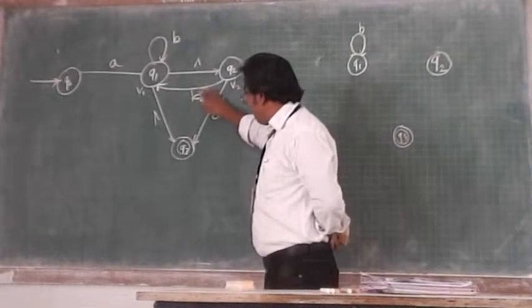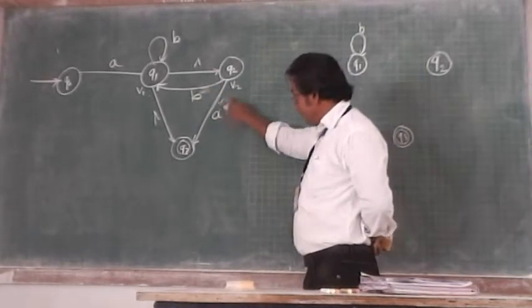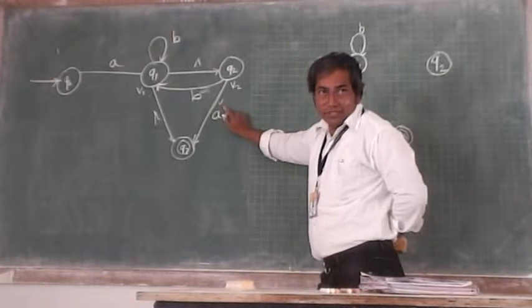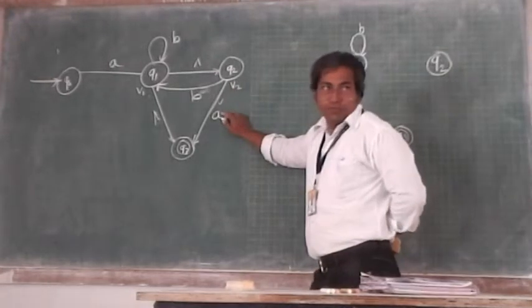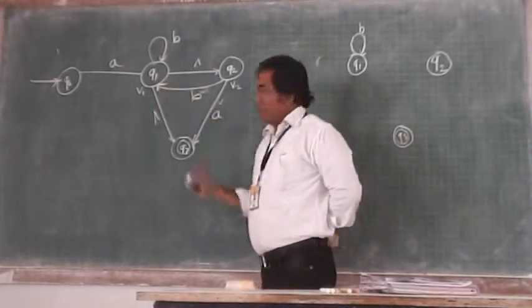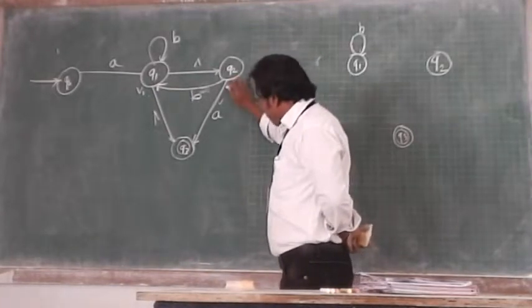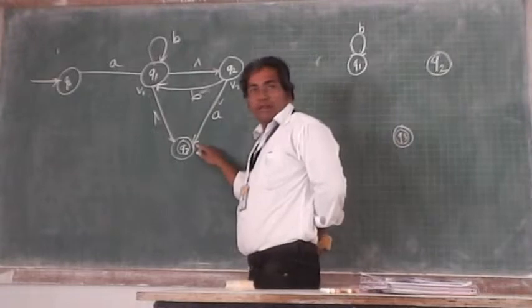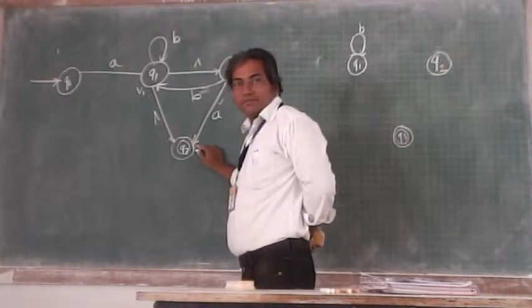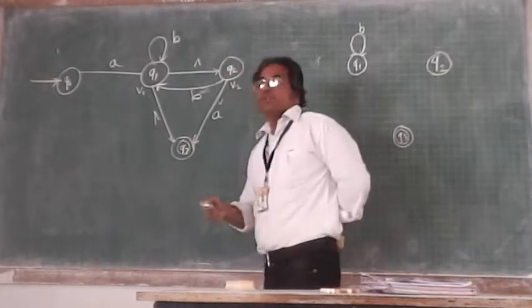So I worked out this one and yet one more outgoing transition is there from V2 that I need to duplicate from V1. You can see that it is outgoing from V2, but what is the target? Q3. The incidence is to Q3.